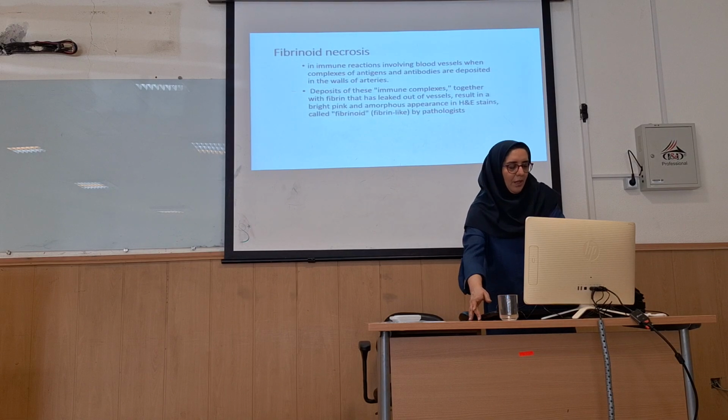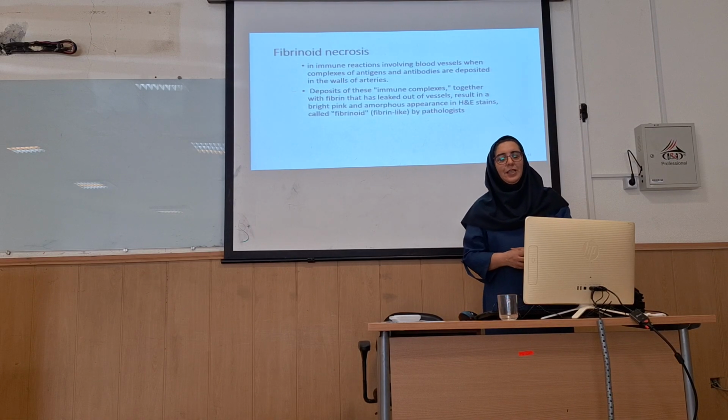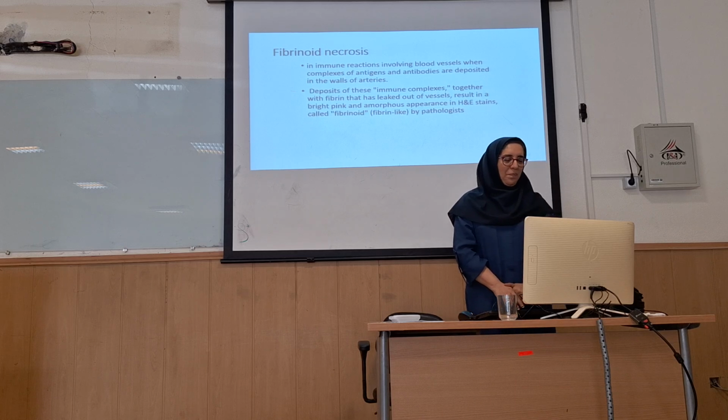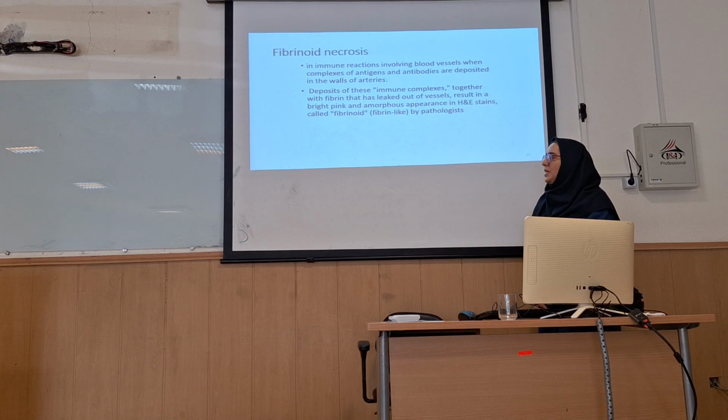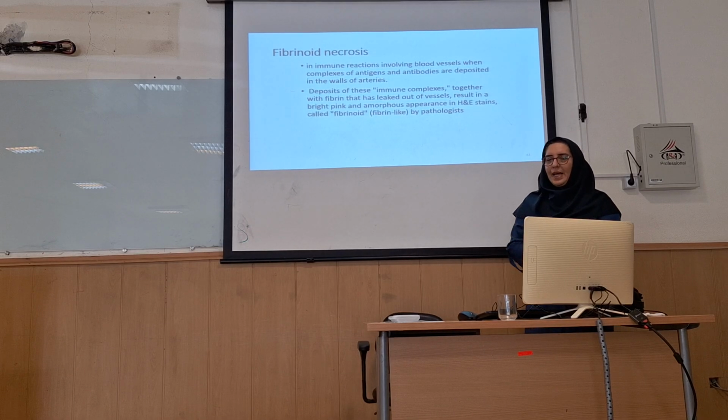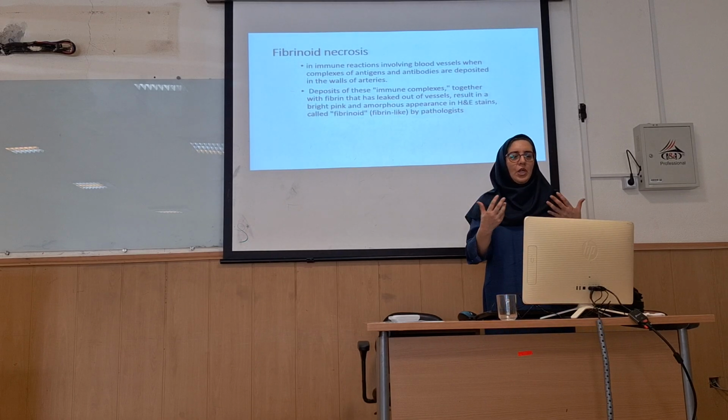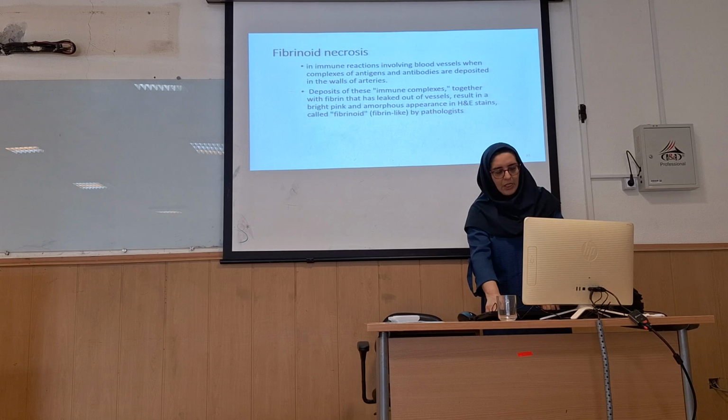We have yet another pattern, and we have a break. Don't worry. The last necrosis is fibrinoid necrosis. Fibrinoid necrosis occurs when we have aggregation of immune complex, attached antigen and antibody, and deposition in the arterial wall.